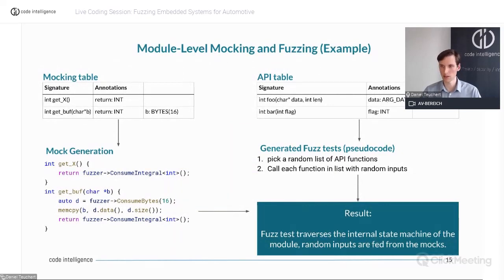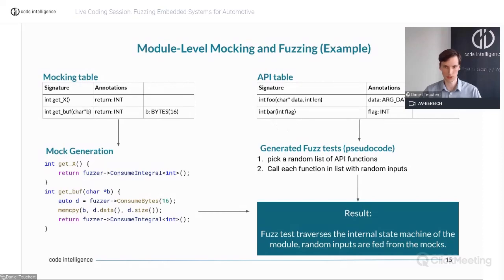So we can annotate this here saying, okay, the data parameter just contains some data, and the leng parameter shows us the size of this data. So when we generate our fuzz test from here, whenever the function foo is called, our fuzzer takes a random size, creates an array of this size and fills it with random data. And then with these parameters, the function foo is called.